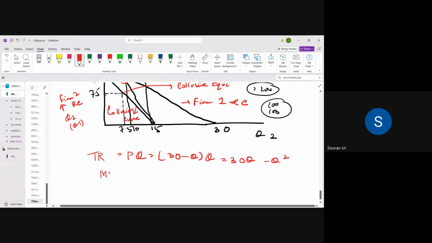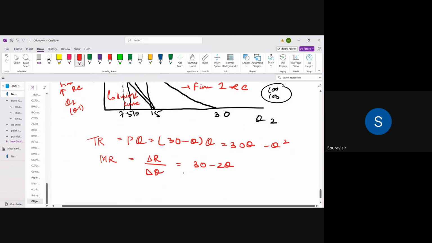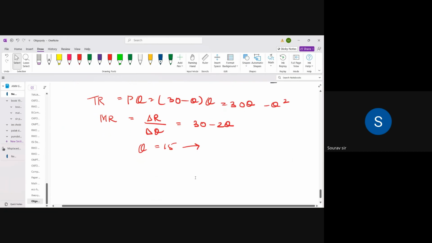And the marginal revenue will be del R by del Q, so that is 30 minus 2Q. So if you set MR to 0, total profit will be maximized. Q will be your 15. So any combination of output Q1 and Q2 that adds up to 15, we call a collusion curve. So that's why I have made the collusion curve as Q1 plus Q2 equals 15. And that I refer to as the collusion curve.